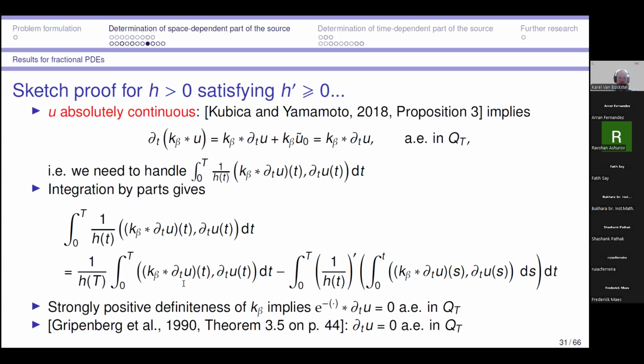Then from Fredholm integral theory, we can differentiate this and get a second kind equation, implying that the time derivative of u is almost everywhere 0. In this way also u is almost everywhere 0, and we get the uniqueness of the solution to the inverse problem, because then also f is equal to 0. So the key ingredient here is the strong positive definiteness of the kernel.